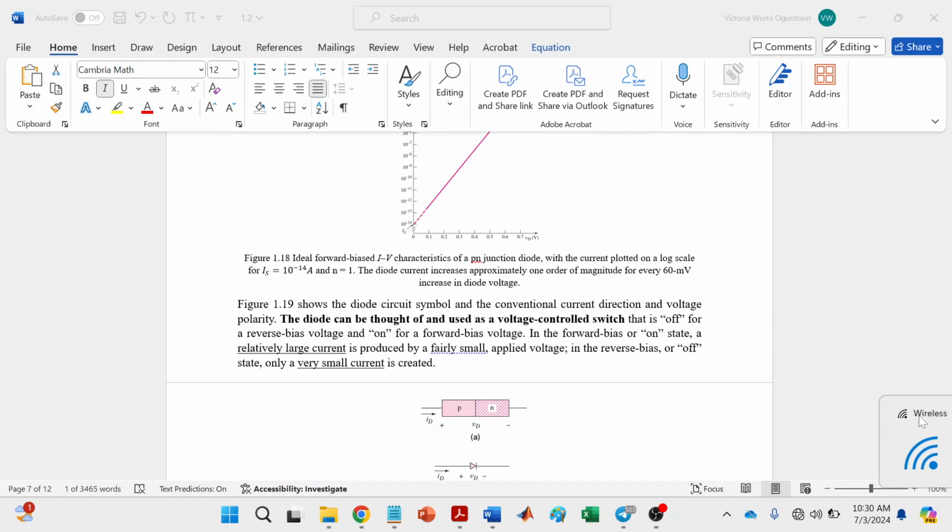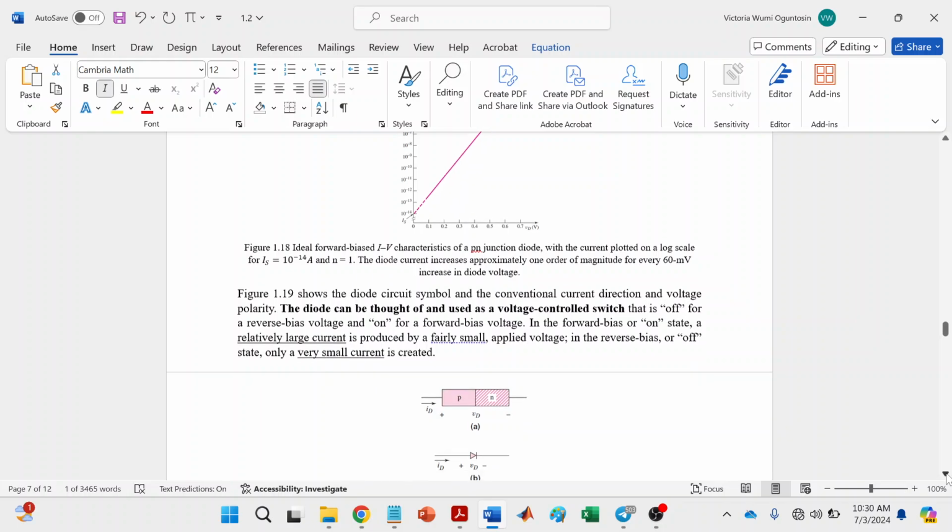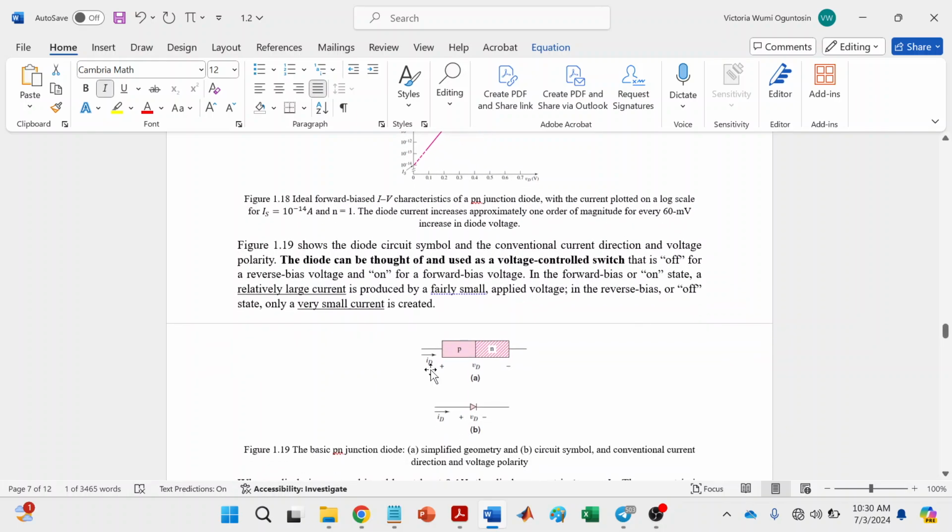The symbol of a diode, the PN junction as we have been considering, is essentially a diode. This symbol represents a diode. It is an arrow symbol, a triangular arrow. Current will always flow in the direction of the arrow when a forward bias voltage is applied.